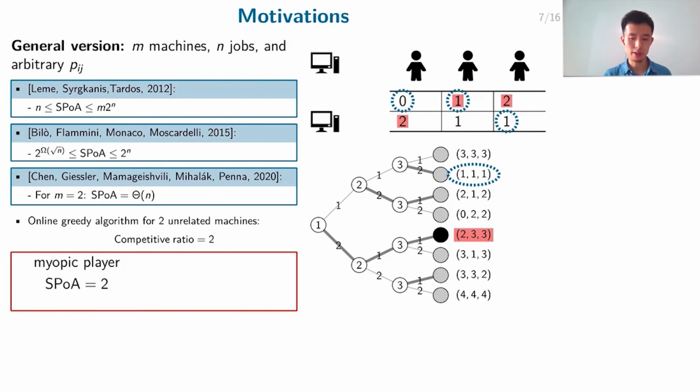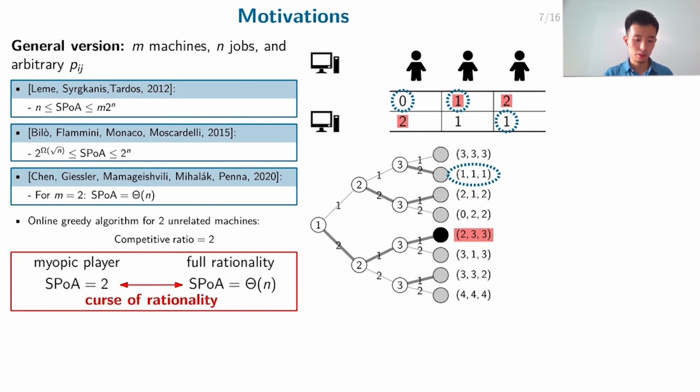On the contrary, when the players have full rationality, the SPOA grows linearly with the number of players n. Due to the huge gap between full rationality and what we call zero rationality, we call this phenomenon the curse of rationality.